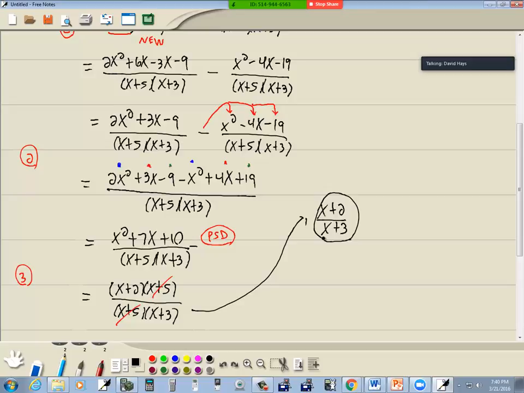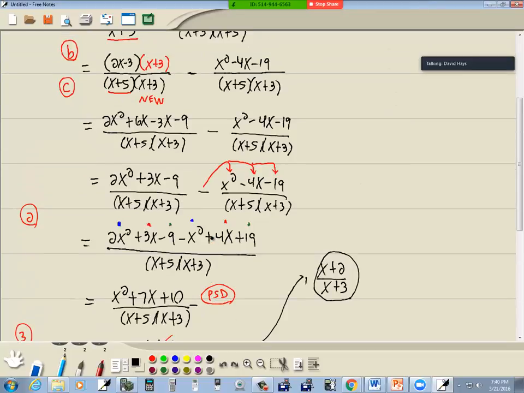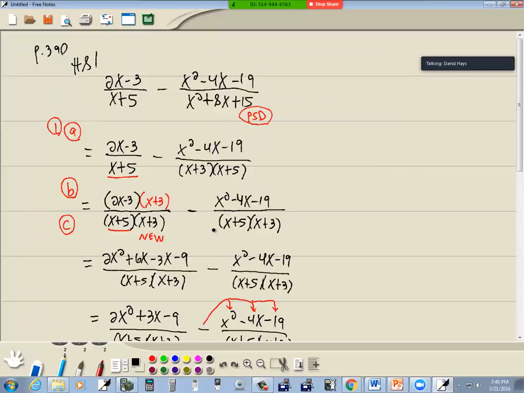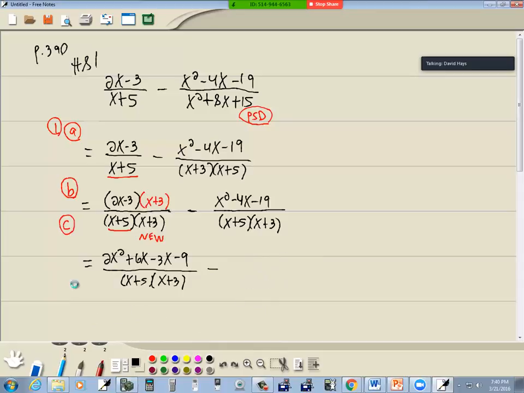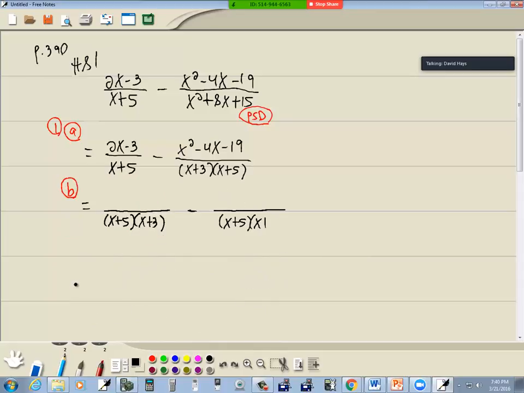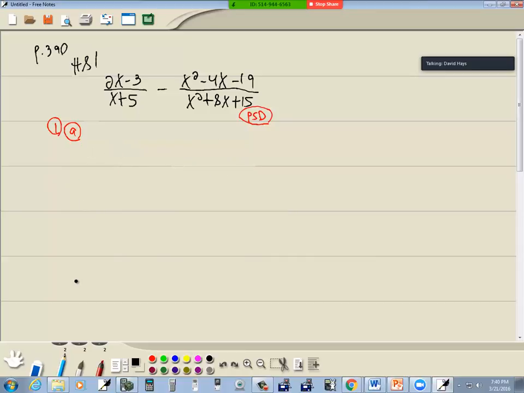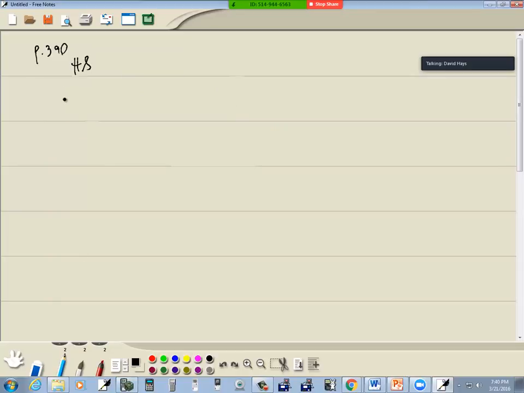Actually, when I picked that one out, I didn't think it'd be that hard. That one is a little bit hard. This next one's a harder one, so let's take a look at it. Let me clear off this page. When we get to the radicals, the nice part about radicals is the problems are a lot shorter.